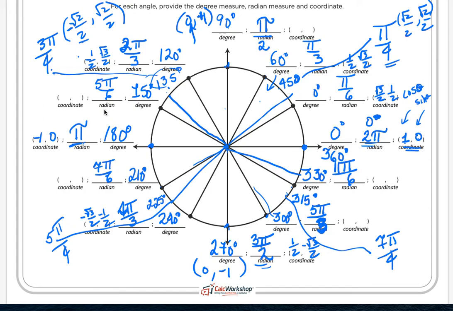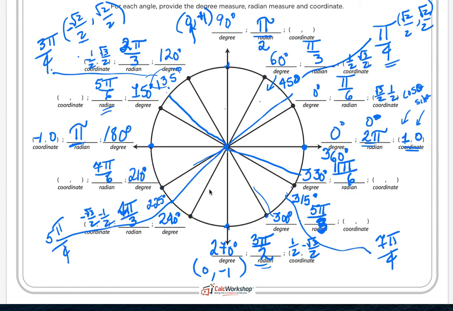And I can find it if the angle is given to me in radians as well as degrees. And since, for example, tangent is equal to sine over cosine, I can find the tangent of any of these angles. And then I can find all the reciprocals, which means I can find the secant and the cosecant and the cotangent just using this unit circle.